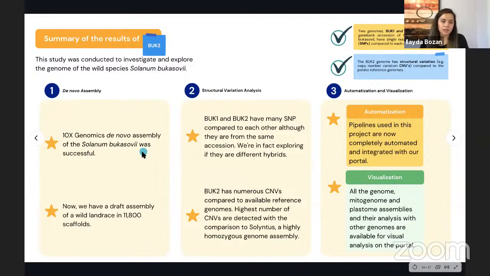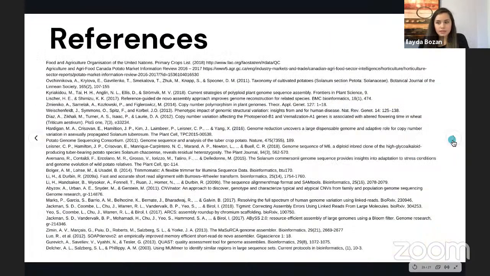And all the objectives are met. The bukasovii 2 was assembled. Right now it is assembled into 11,800 contigs. There are SNPs, there are CNVs, and the pipeline has been fully automated, and we can visualize our results using the portal. And these are the references.